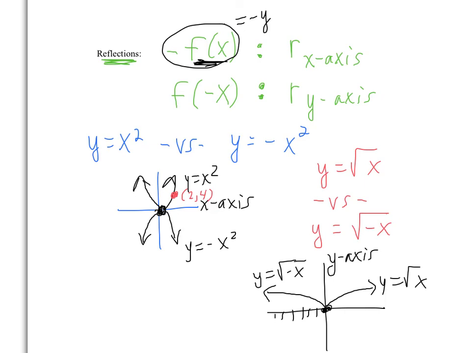You negate your y value, keep x the same, now you're at 2 comma negative 4. And likewise with the next one here, you're negating your x. So maybe this is the point 9 comma 3. That would fit on that function. Well, over here, this is not drawn to scale, pretend this is. This would be negative 9, 3. Notice how the x is negated and y stays the same.